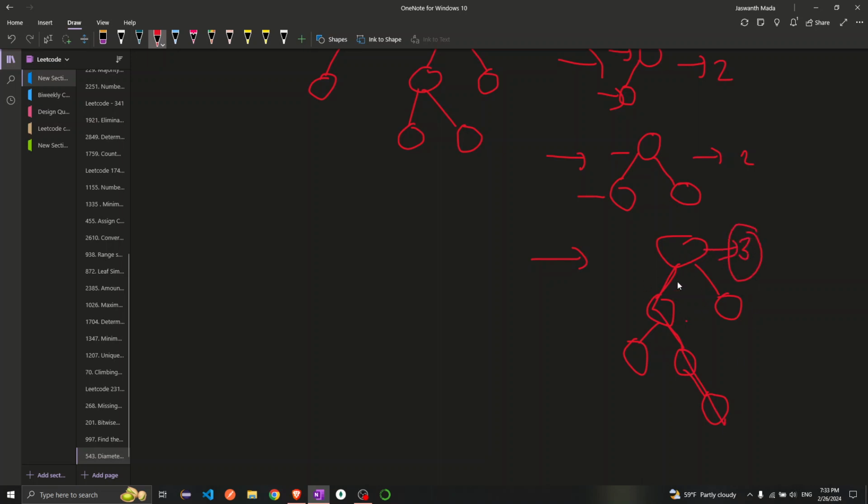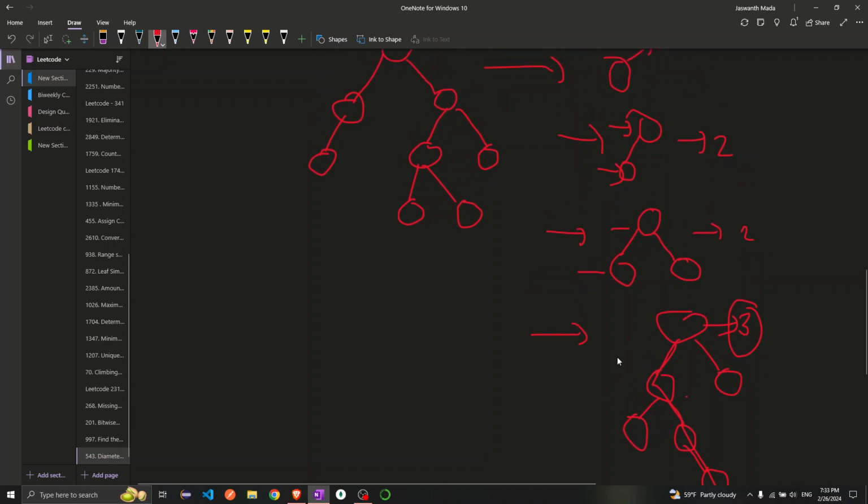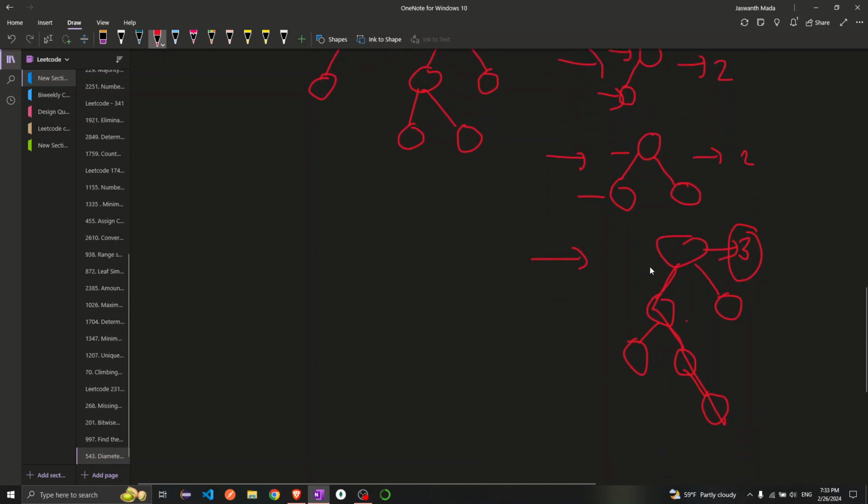So how are we calculating this value? If I'm at a particular node, I'll say I have a height of 3 from the left and I have a height 1 from the right. So what is the maximum value? Which is 3, right? 3.